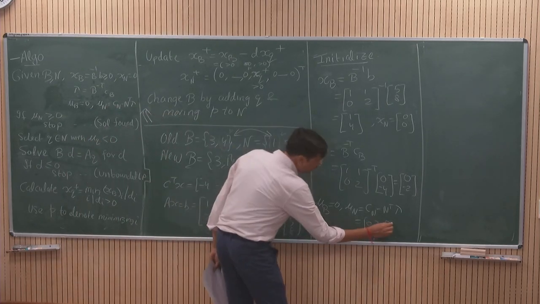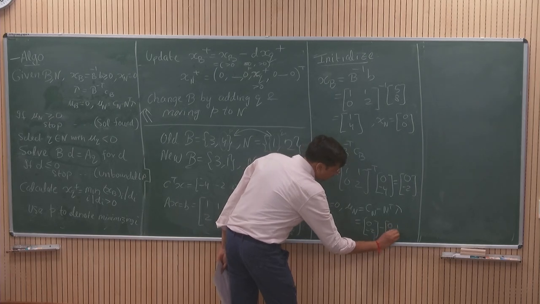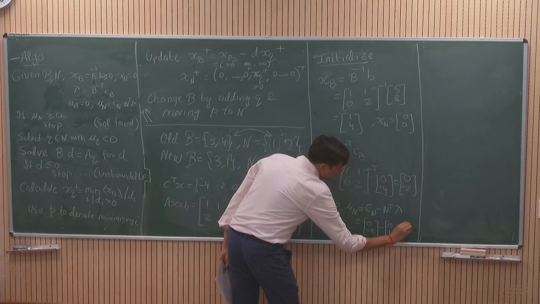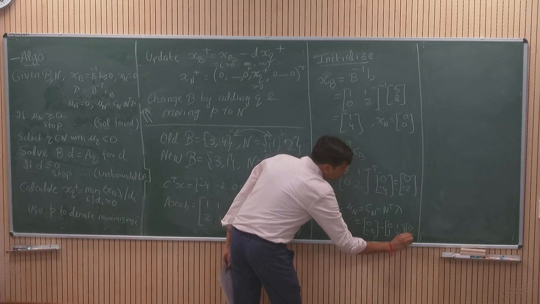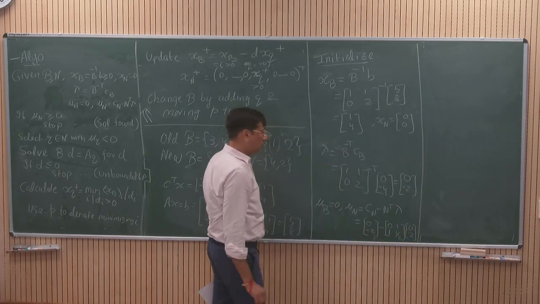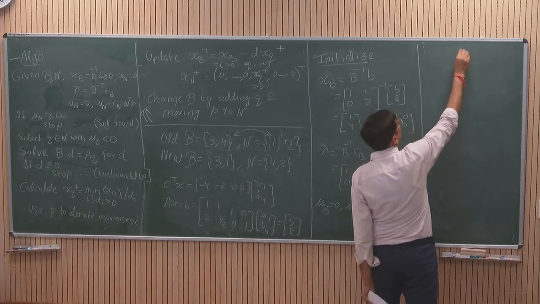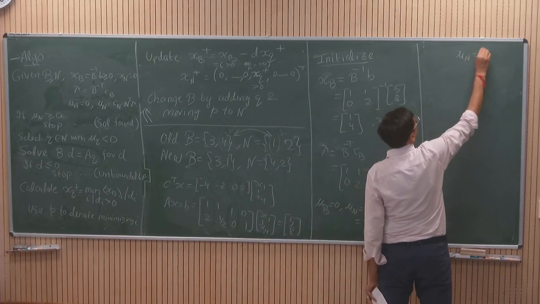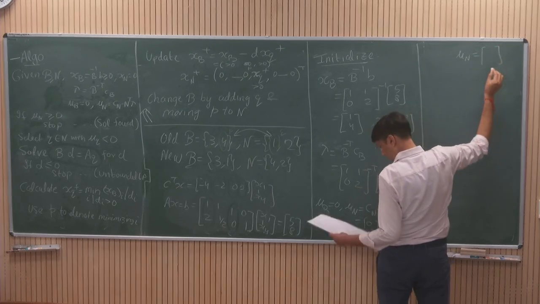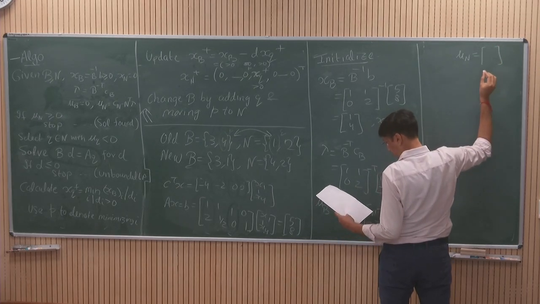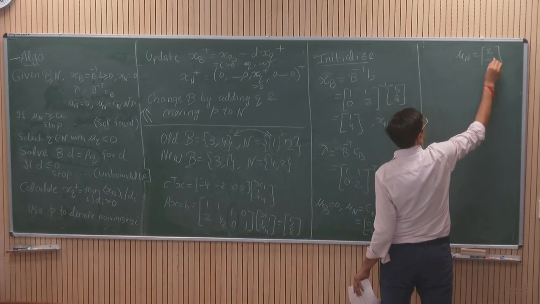So that's 0 1 1.5 multiplied by 0 minus 2. Once you do that, you get your mu n to be 2 and minus 1.